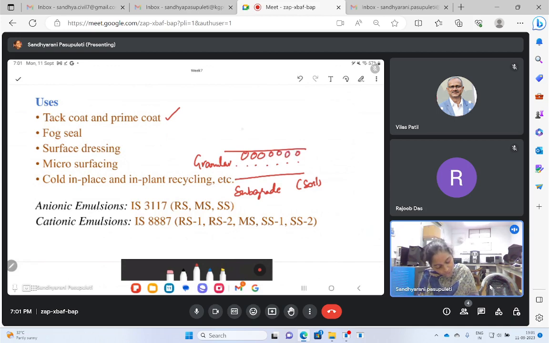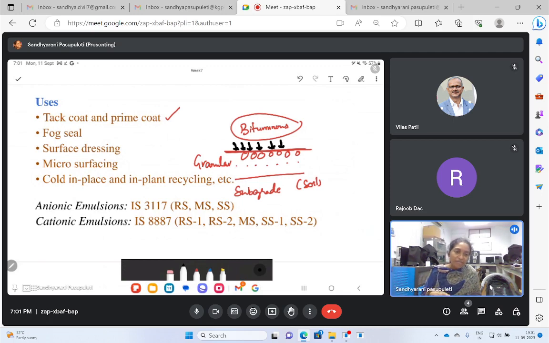Upon this you are going to lay a bituminous layer. We cannot directly apply a bituminous layer. What happens? This granular layer is exclusively a dry layer, and it doesn't have any binder like bitumen. So before applying this bituminous layer onto the top, it is always suggested that we spray some prime coat, let us say a kind of emulsion.